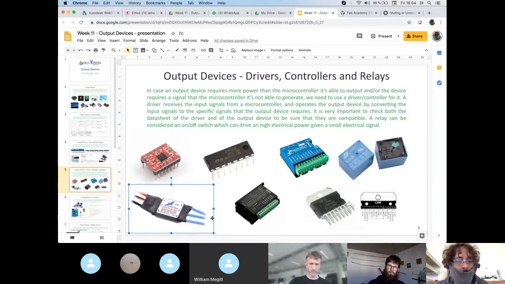brushless motor. These electronic speed controllers are usually used in drones or everywhere you have a brushless motor, and they take as an input a pulse width modulation signal, and they also have as an input the power from the power supply.